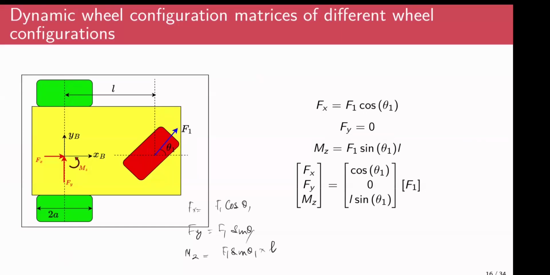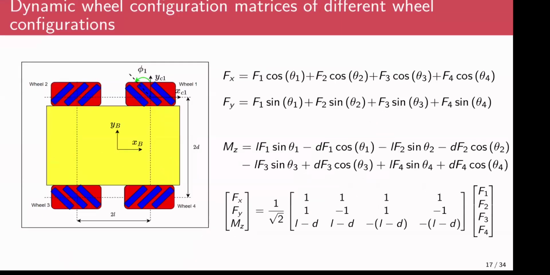And the final case, we have the mecanum wheels, where F1, F2, F3, F4 are all acting at an angle because of these passive rollers. So F1 would probably act like this, F2 would act like this, F3 would act like this, and F4 would act like this, right?